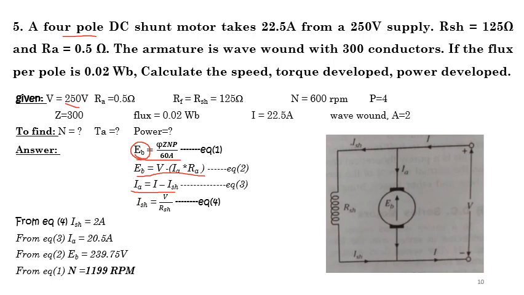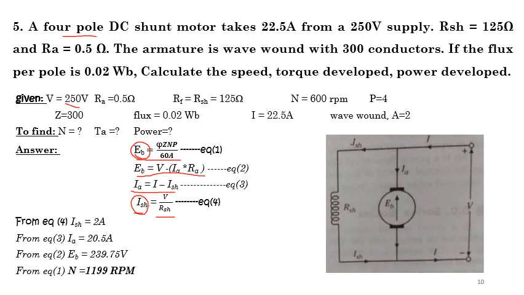Now, let us see whether all the details are given. I is given, but what about Ish? Ish is not given, that means you will have to first calculate Ish, which is equal to V by Rsh.